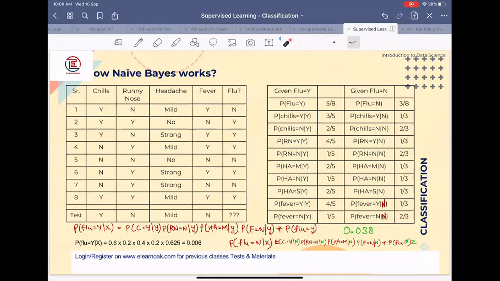If this is a pandas data frame, I can very easily, by just writing one line, get one of these terms. I can either use group by, or some kind of filtering, so I can choose my favorable conditions and my total number of conditions very easily. So naive Bayes is actually very easy to implement, and it works very well for large data sets. So these are the advantages.